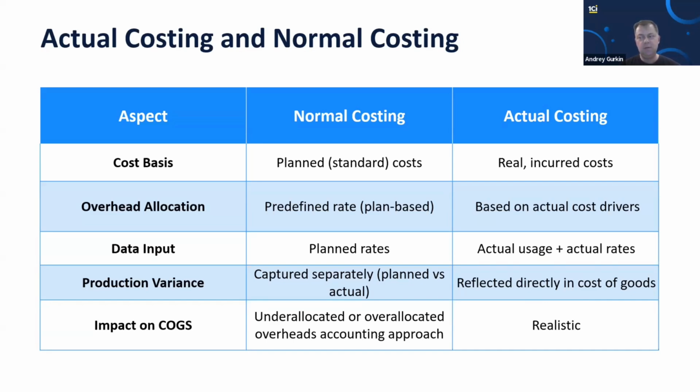We do not have those over allocated amounts, etc. We are transferring or allocating all of the overheads directly to the cost of goods. So it's a more accurate, more realistic method in terms of impact on cost of goods sold.